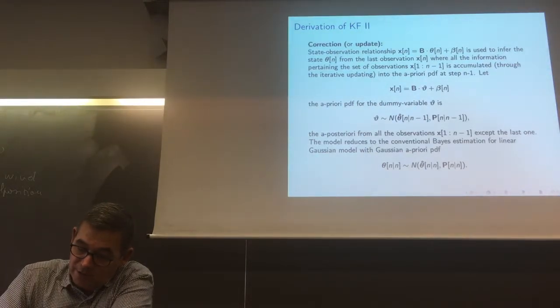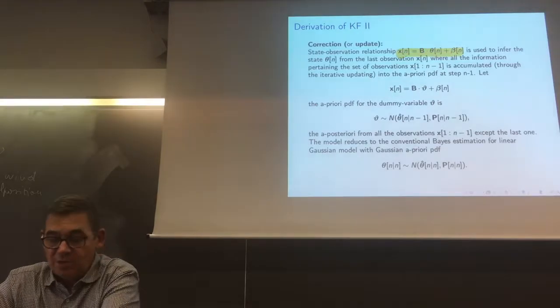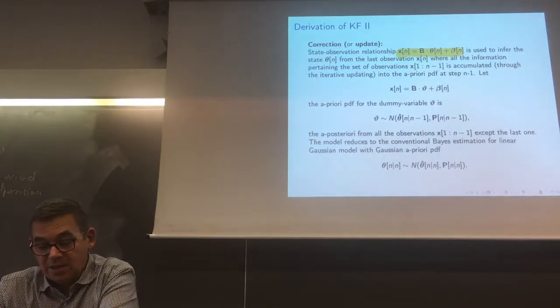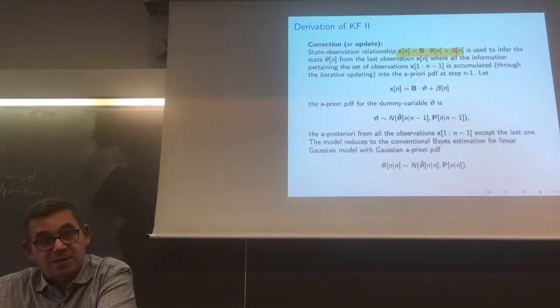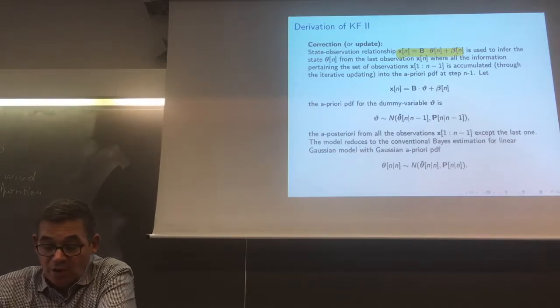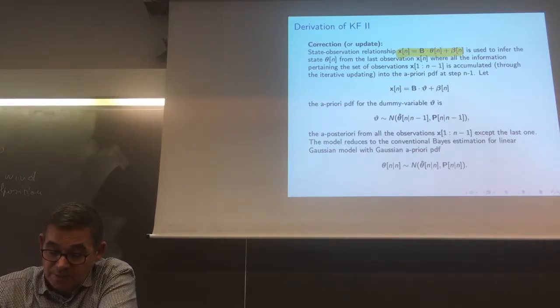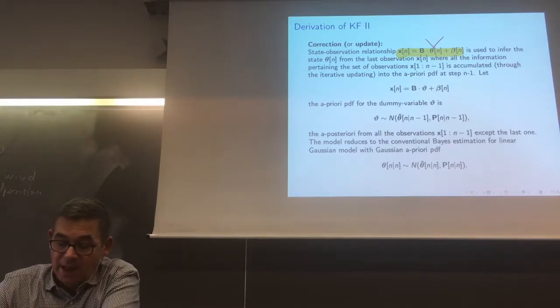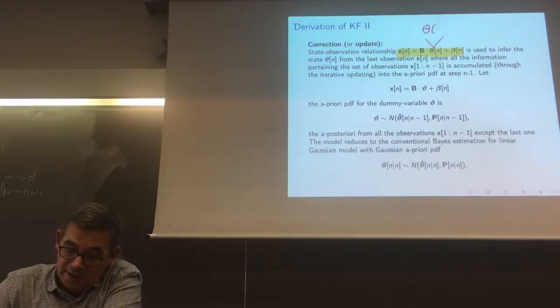So what I'm using now is this equation: x_n equals b theta_n plus beta. But now, in place of theta_n, I have the a priori from theta_n given n minus 1.